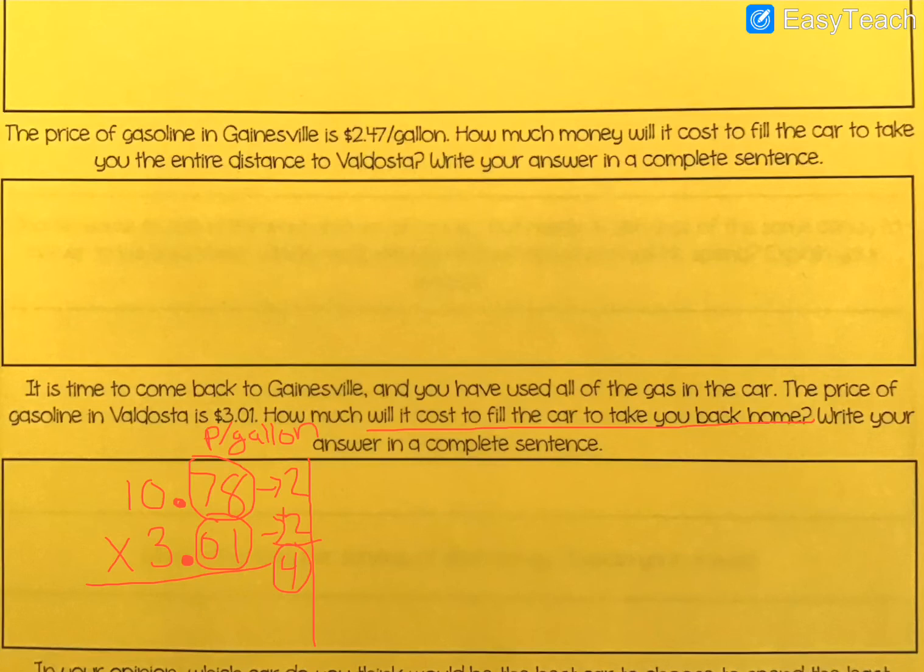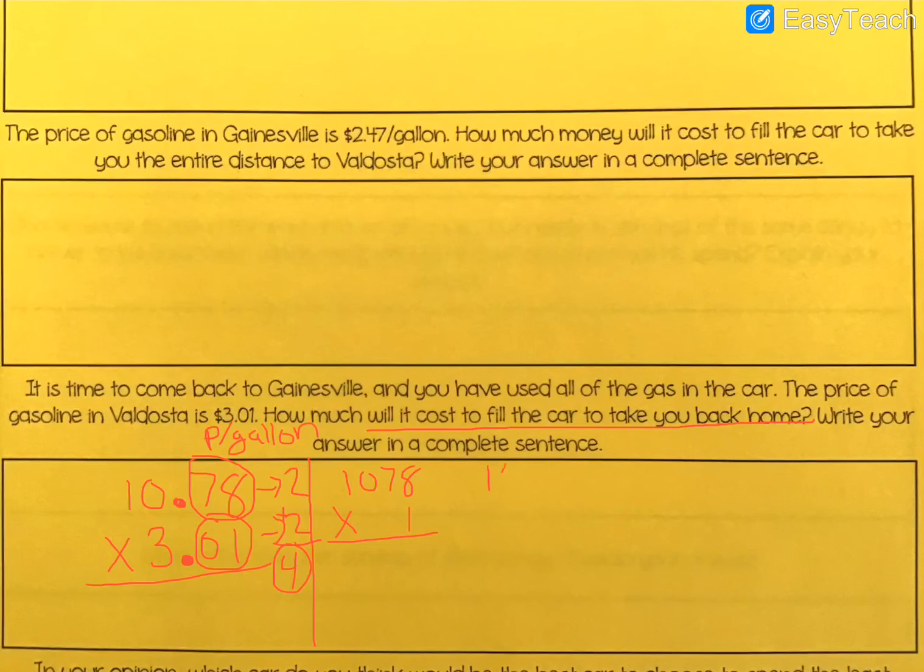Now, after we do this, we can treat both of these numbers as if they were whole numbers. So we'll say 1,078. And we're going to use our partial products method, which means we're going to multiply with these numbers according to its place value. So we'll do 1,078 times 1. We're going to treat the 1 as if it's in the ones place, since we're treating both of our factors as if they were whole numbers.